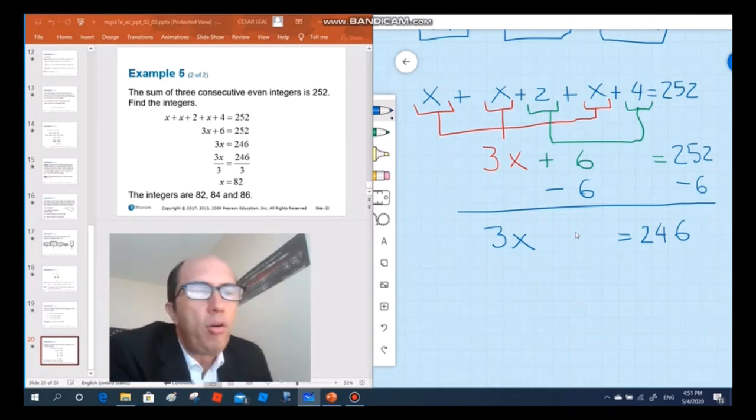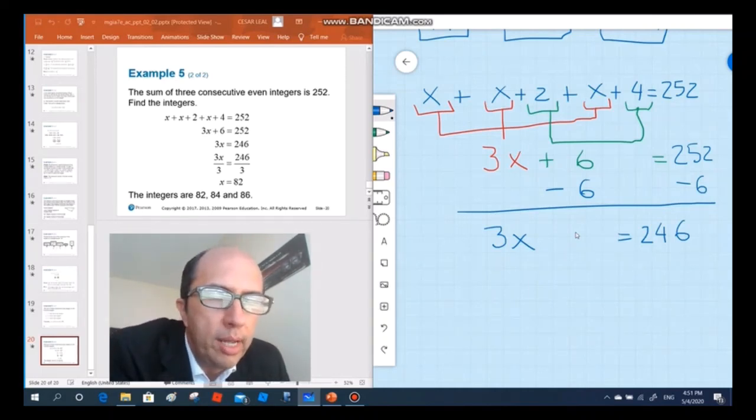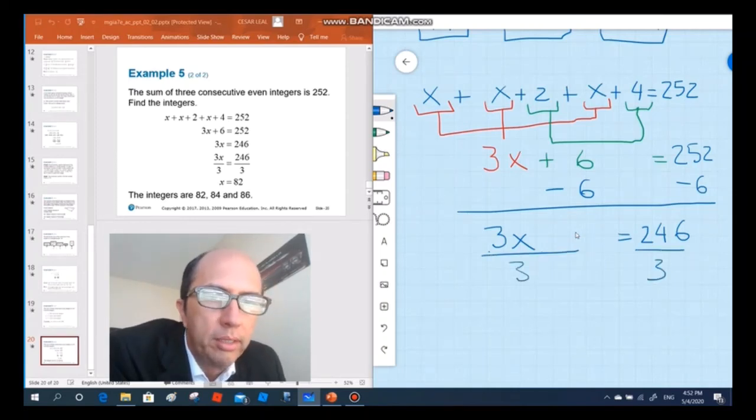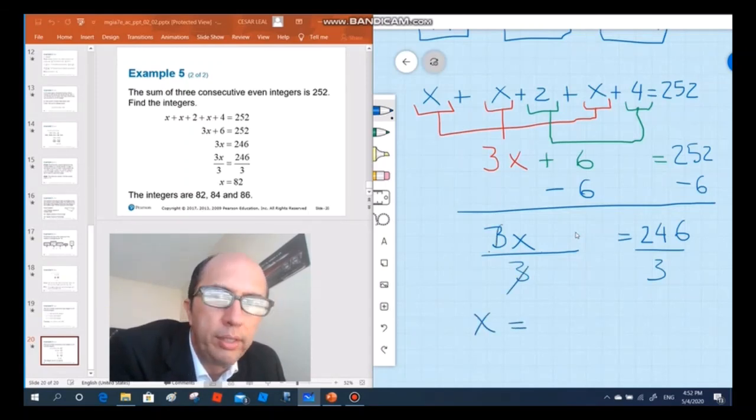What's the next step now? We have to simplify this. We need to find the result for x, so we divide both sides by 3. Multiplication property. X equals 246 divided by 3, 82.